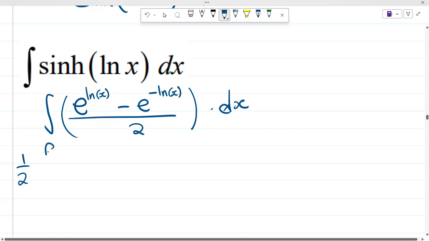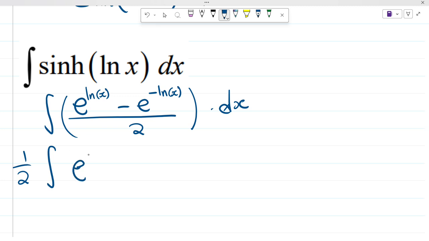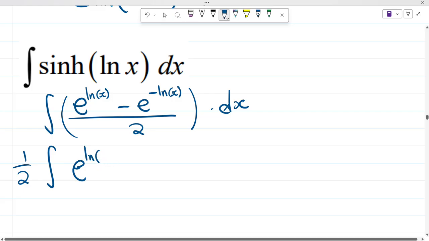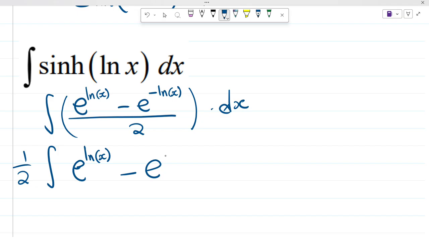It's easy. So I took the 1 over 2 outside the integral. Now what I'm left with is just e to the power ln of x minus e to the power ln of x to the power negative 1.